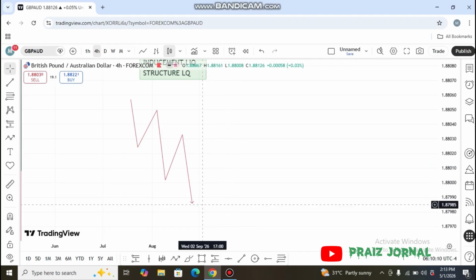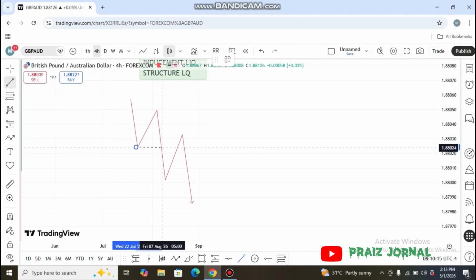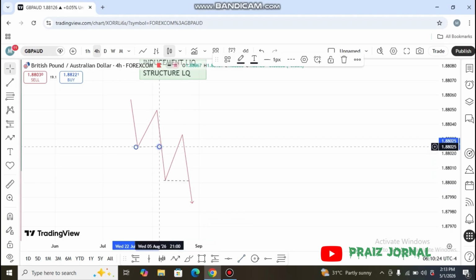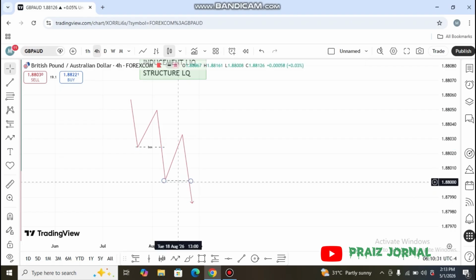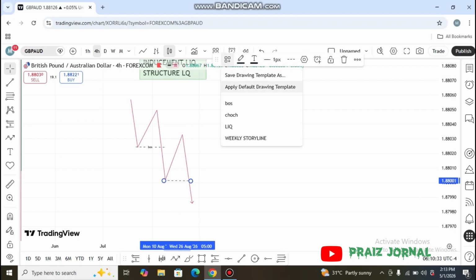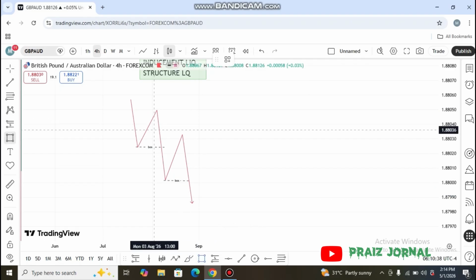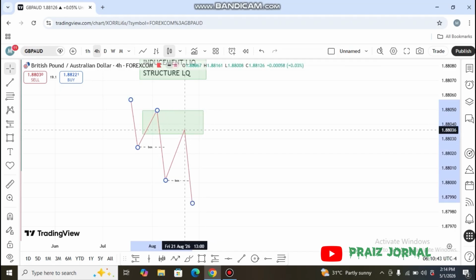Now, supply and demand traders. Let's delete this. When we have a break of structure, SMC and all these normal supply and demand traders know that supply is in control, so they will be selling from a supply level here.